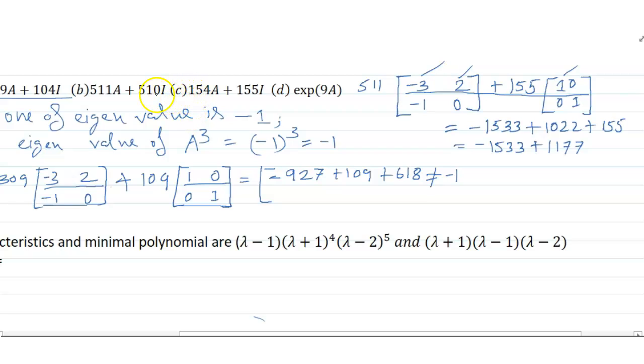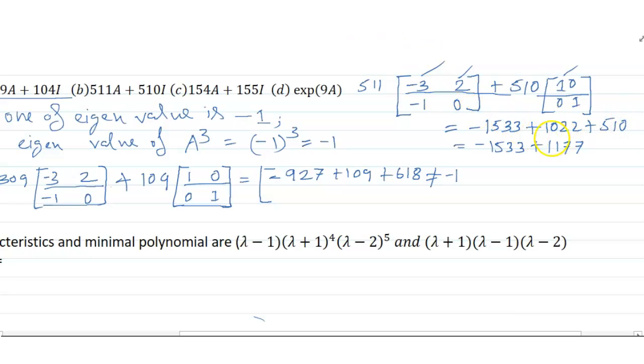Sorry, it is the second option I check. Yeah, I check the second option, so it is 510.